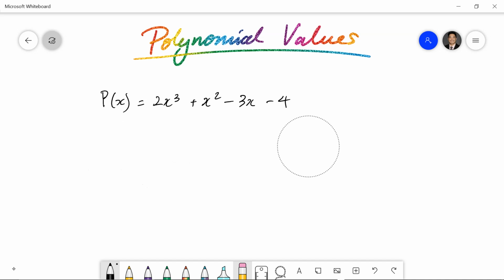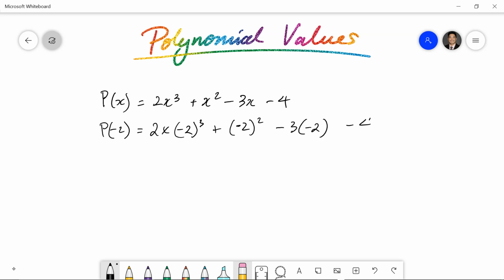But let's say we change that to a negative, it's no different. You just need to make sure that you are careful with your polarities. So 2 times minus 2 cubed plus minus 2 squared minus 3 times minus 2 minus 4.